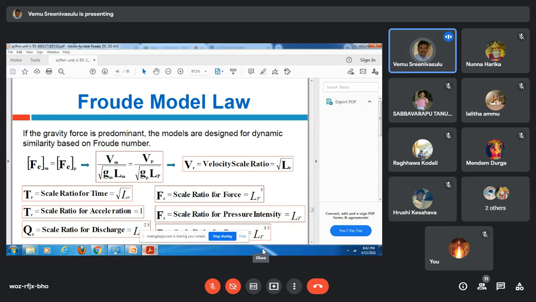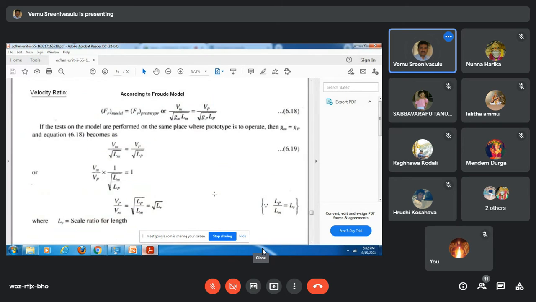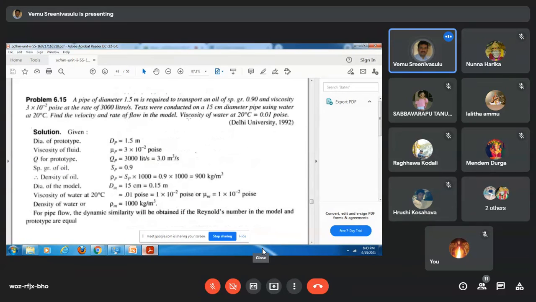This is the square root of inertia force divided by gravity force, right? So these are some of the derivations. As I said, the Froude number of the model is equal to the Froude number of the prototype. Okay. So this Vm by square root of GmLm. Okay. So that is the formula.